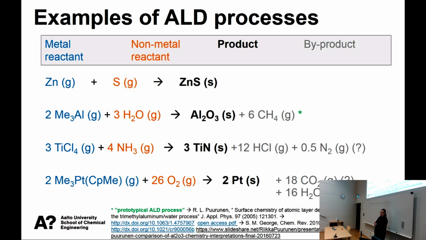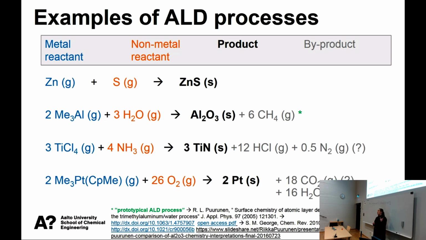Then another type, titanium tetrachloride and ammonia, gives titanium nitride. This is also industrially used. This is a different and interesting type because here, okay, hydrogen chloride obviously comes as a side product, but then I'm not sure if people fully know even what the others are, because here the metal center gets reduced.